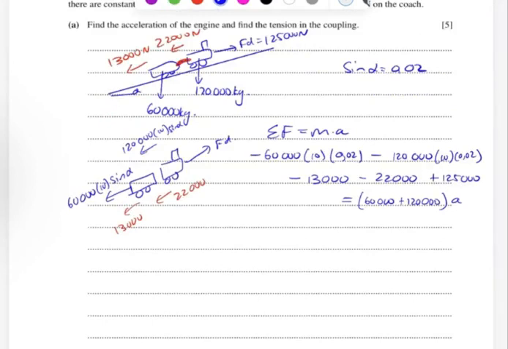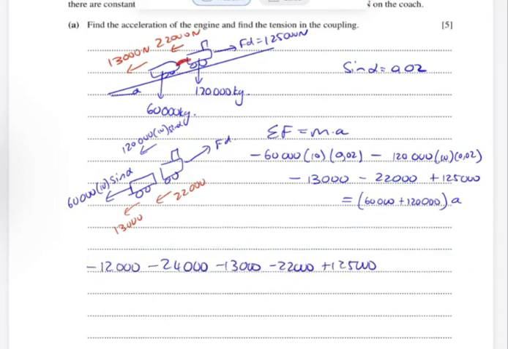So 60,000 and another 0 times 0.02. I'm maybe just going to write each of these. I don't know why I rewrote all of those. Anyway, put it all in one line, and that is equal to 60,000 plus 120,000.